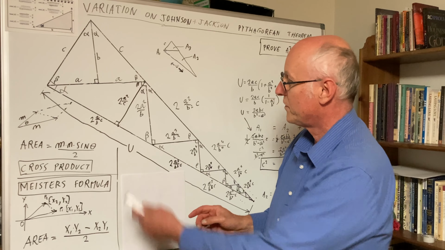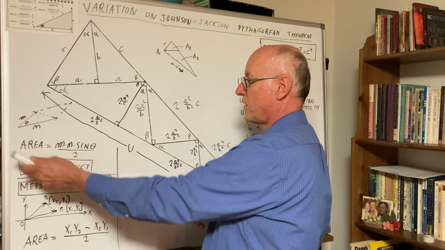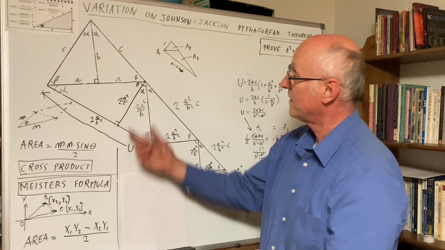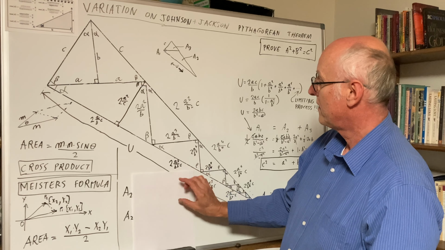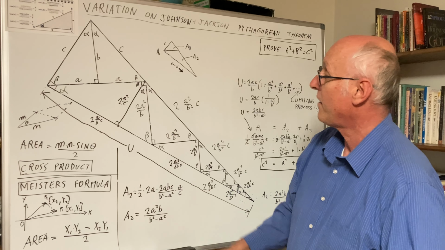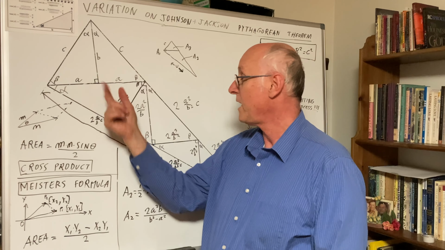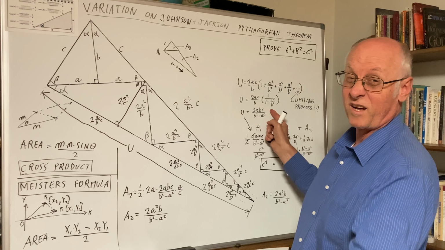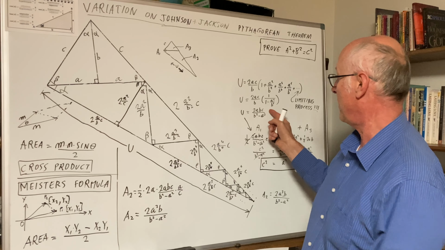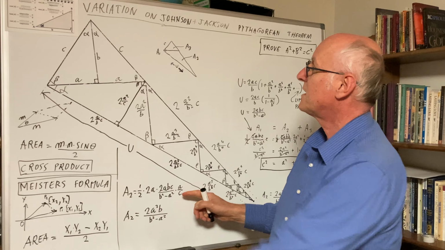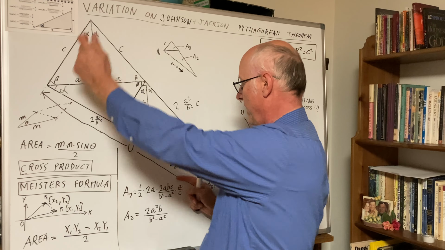And so using this first approach, this cross product, mn sine theta, A2 would be 1/2 times 2a times this u, which we already figured out in the previous video. Here it is. And times the sine of alpha, right?